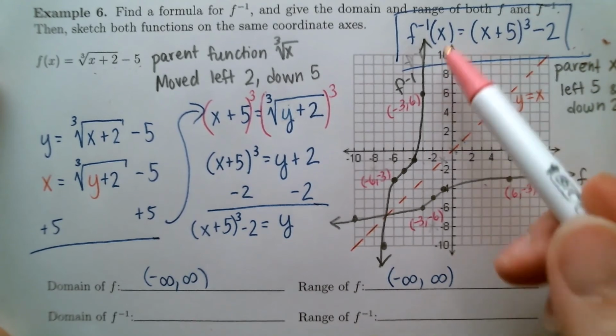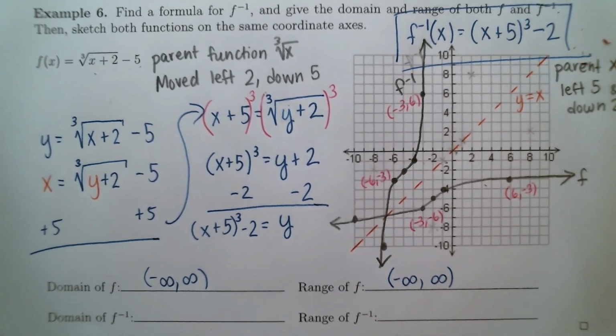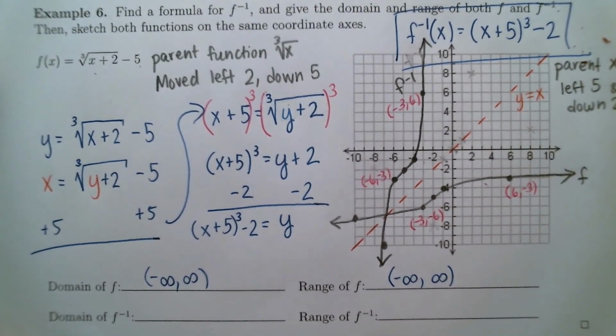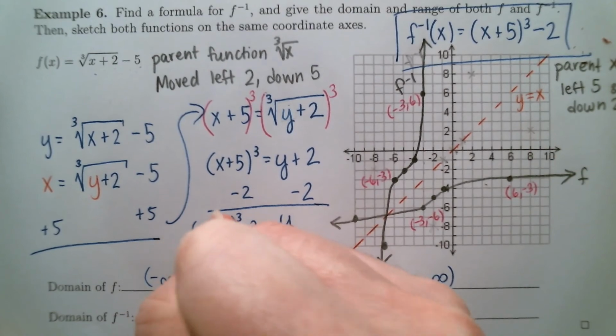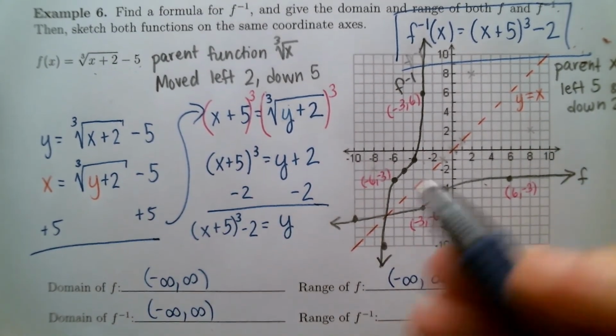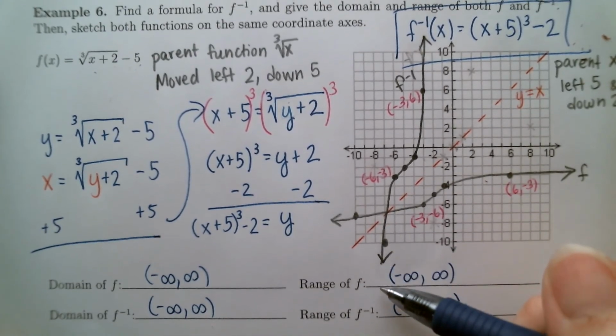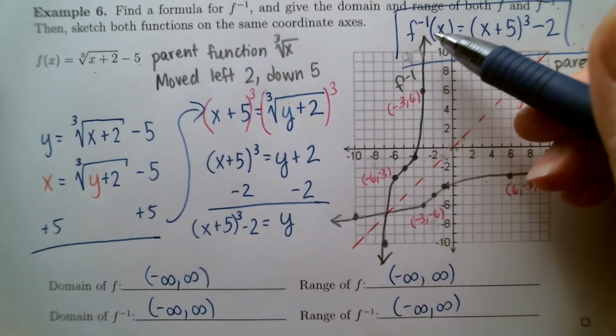Again, when you're looking at the function, there's no square roots, there's no fractions, so the domain is going to be all real numbers. It should be pretty clear that the range is all real numbers as well, because the low point is negative infinity and the high point is positive infinity.